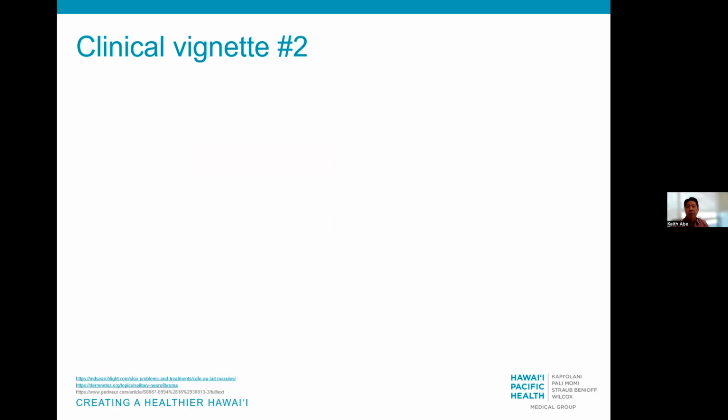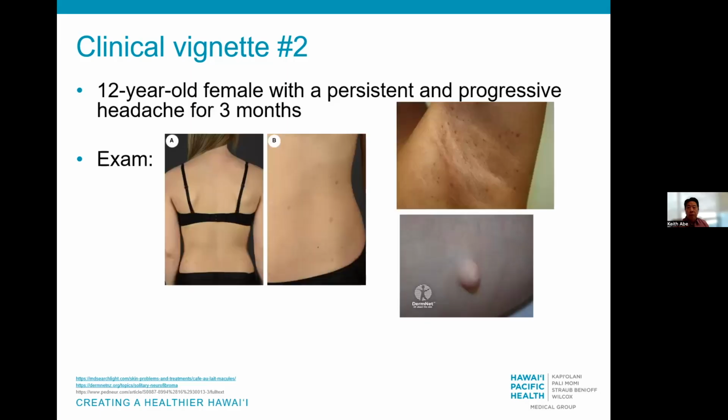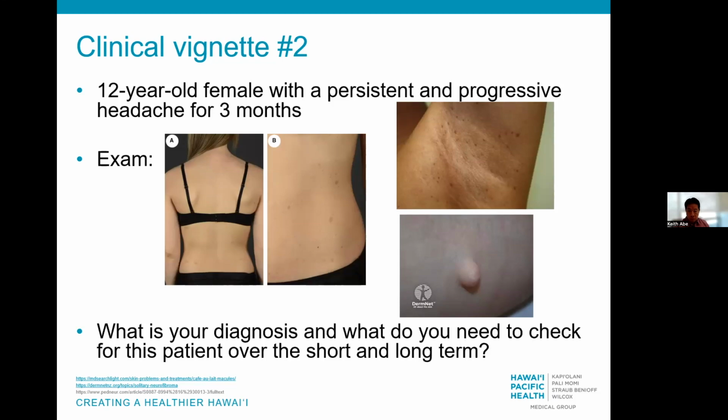Second patient, 12-year-old girl with persistent progressive headaches for 3 months. And when you take a look at this patient, you notice these things. What do we need to do for this patient for this headache and also for the long term?